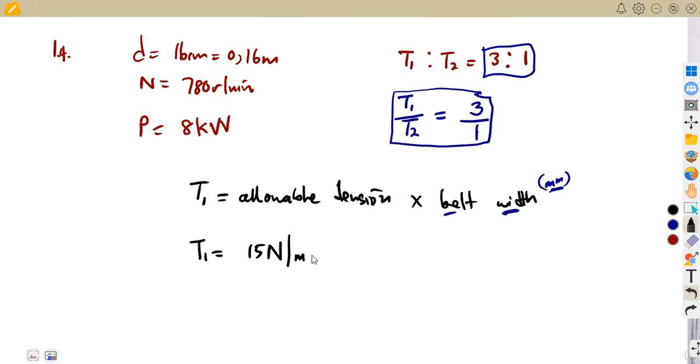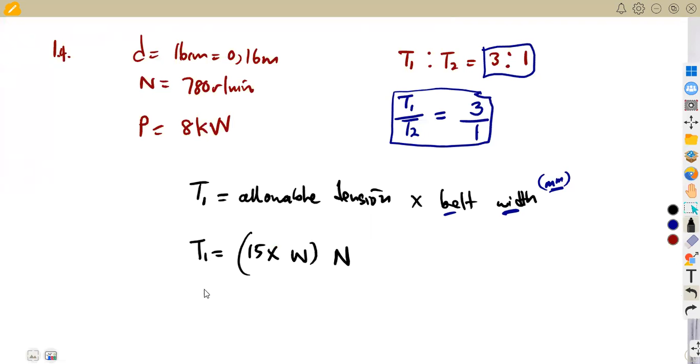So it's per millimeter. That is why we are supposed to multiply with the millimeter, so that millimeter and millimeter cancel, and you remain with the Newton. So this width that we are supposed to calculate must be in millimeters. So it's going to be 15 times the belt width, which we do not know. This is going to be the formula to represent T1, which is measured in newtons, because the per millimeter and millimeter cancel.